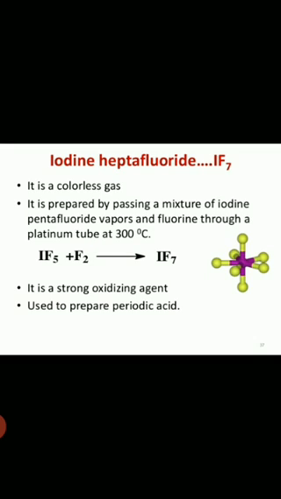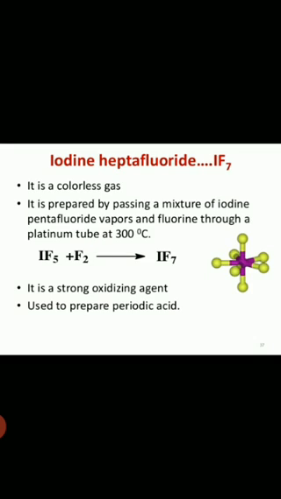At the center we have iodine, which is bigger in size, and 7 fluorine atoms surround it. It's a strong oxidizing agent and it is used to prepare periodic acid. Generally, all the interhalogen compounds are covalent and diamagnetic in nature.